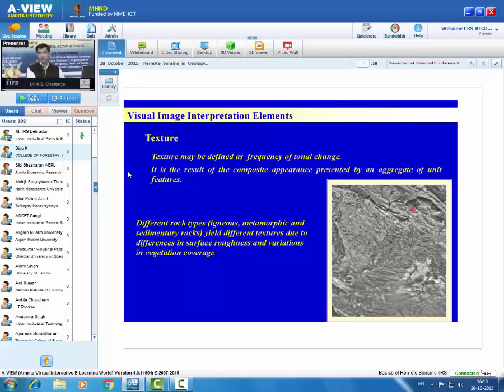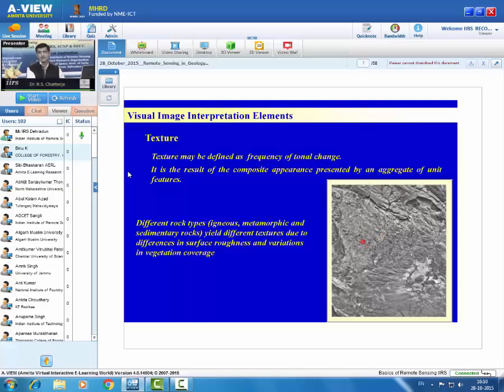For example, in the top area the tone is very smooth, whereas in the central area it is very rough, very coarse texture. Here the texture is very smooth. Here the texture is very rough, coarse texture. Here you can see there are some striations. So here there are all three kinds of rocks. This is basically sedimentary rocks, which are very soft kinds of rocks, so they give you very smooth texture.